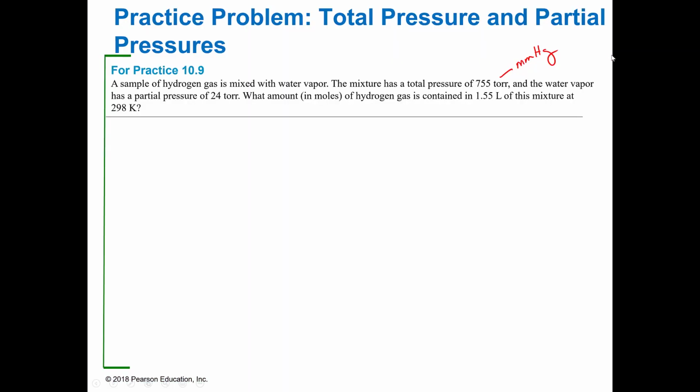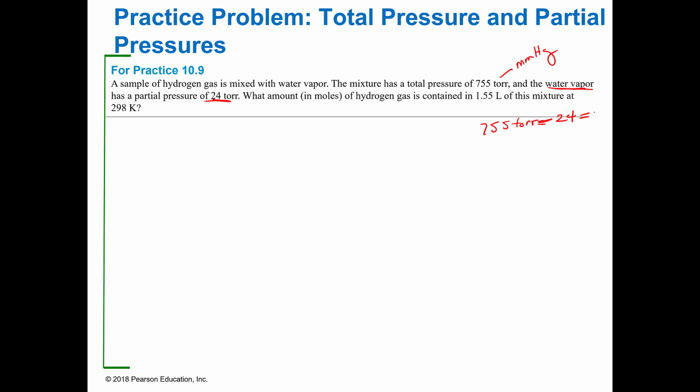Now, that second one, let me give you a hint on this. It says it's doing something with water vapor. When you have a problem that says it's got water vapor in it, you're going to subtract that from your total pressure. So the actual total pressure is going to be 755 minus 24, right?